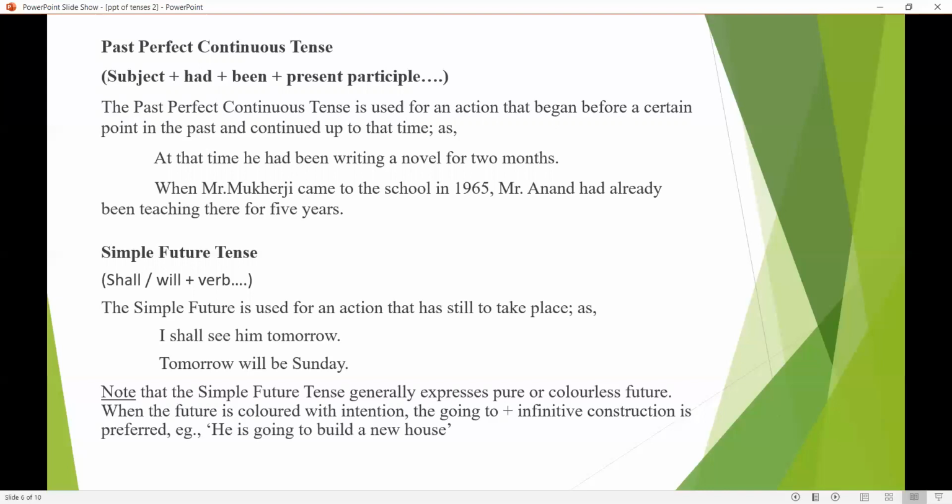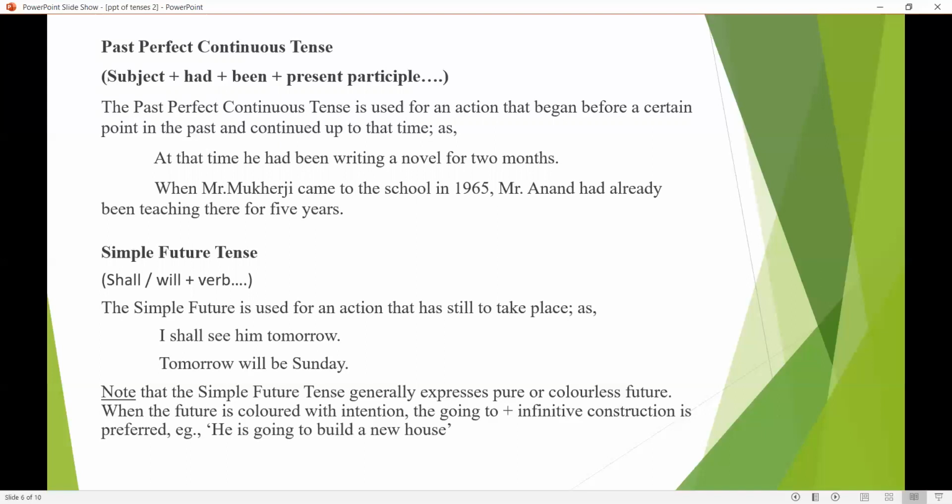Now, let me be clear with the meaning of present participle before I read out the examples. The present participle is a word formed from a verb which ends in ing, generally.